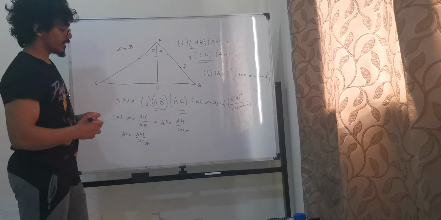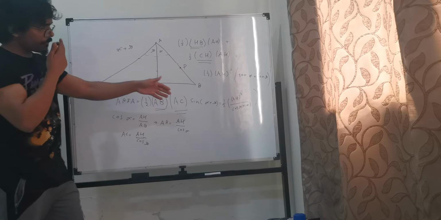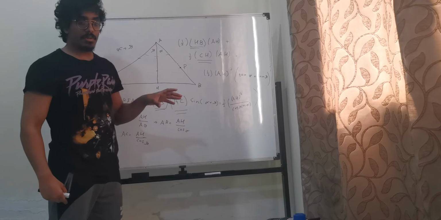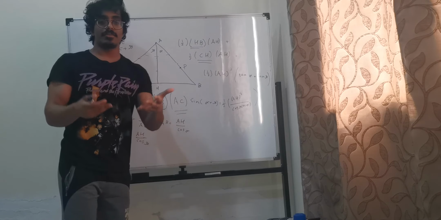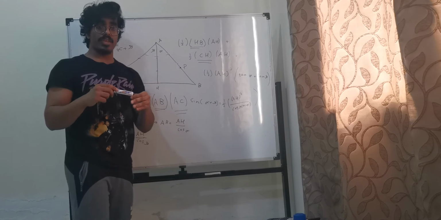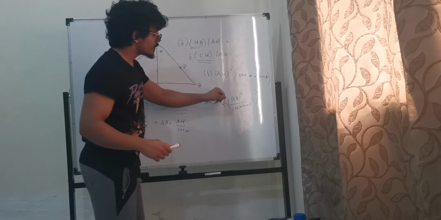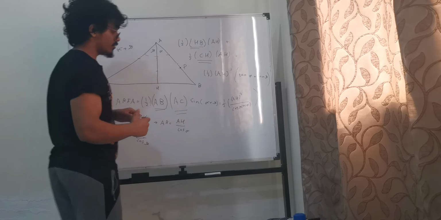The dimensions are correct. So we found two ways in which we express the area of the triangle. Since both are for the same triangle, both must be equal to each other.